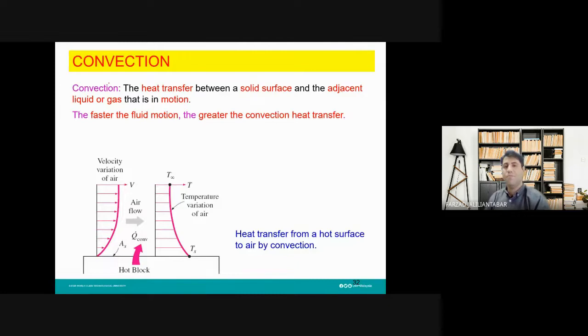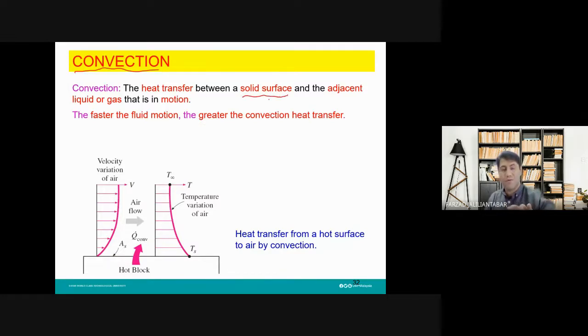The other mode of heat transfer is convection. In conduction, I said the heat is transferred due to the energy transfer from more energetic particles, which are molecules, to the close or adjacent molecules. How about convection? Convection is the heat transfer between a solid surface.